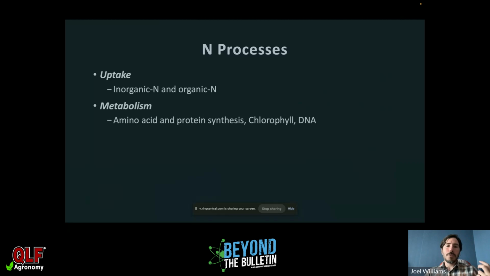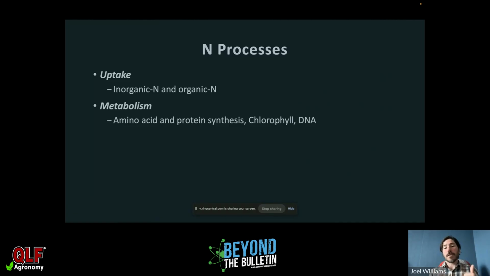Once we take up that nitrogen, we need to start to metabolize it, turning it into other functional compounds that the plant requires. A lot of the nitrogen taken up from the soil is used to make amino acids, which are often called the building blocks of all life. Amino acids then get stitched together to form proteins, and proteins are very important, as you all know, from a quality point of view.